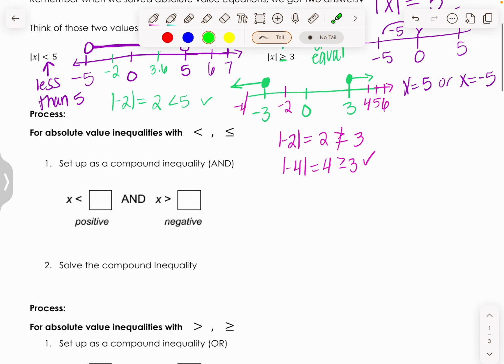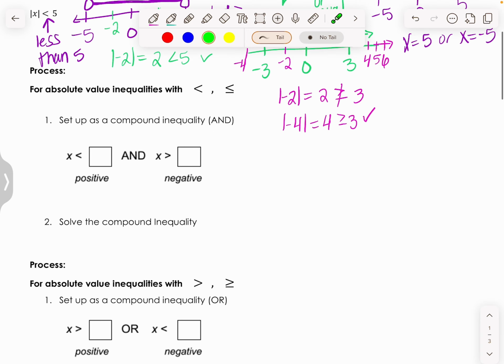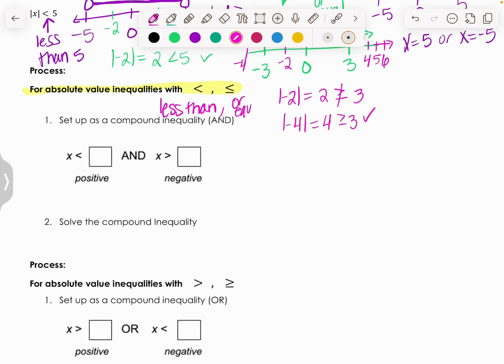So that makes our rules here. Again, it's based off of the absolute value sign that we start with. So if we start with these two symbols, which are either less than or the less than or equal to, then we want to set up a compound and inequality.